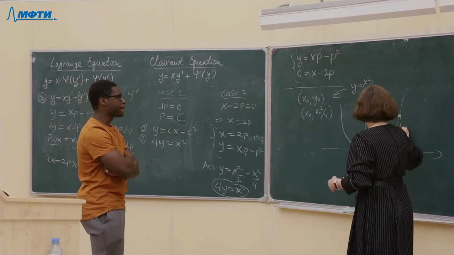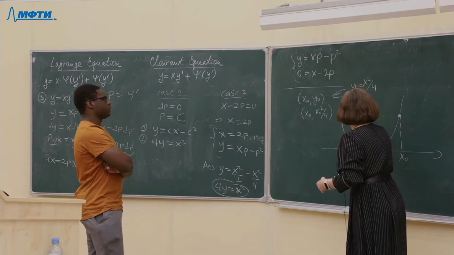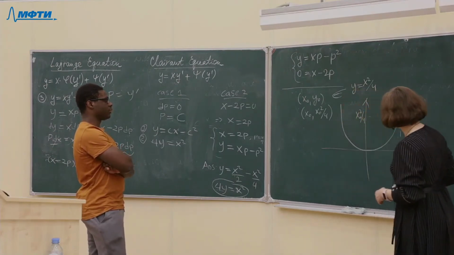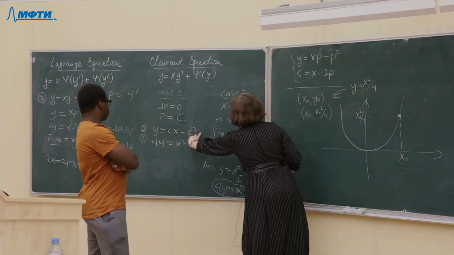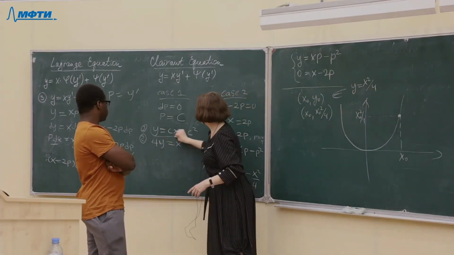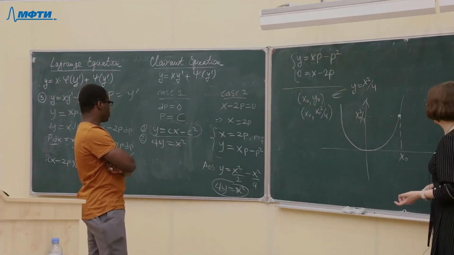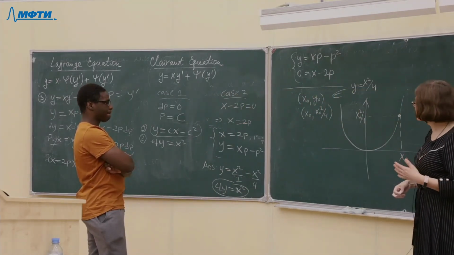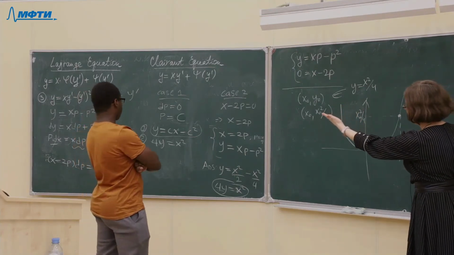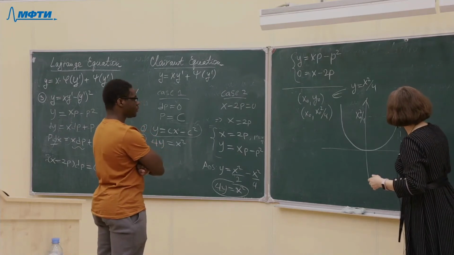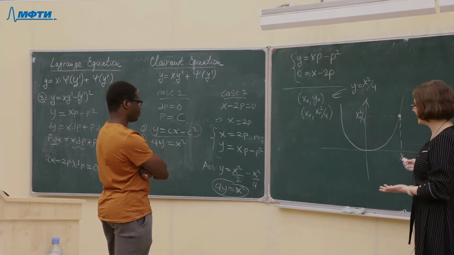If we take any point x0 and x0 squared over 4, we should show that there is a curve from this family, cx minus c squared. Is there any value of c such that this curve passes through this point? Is it possible to find c?